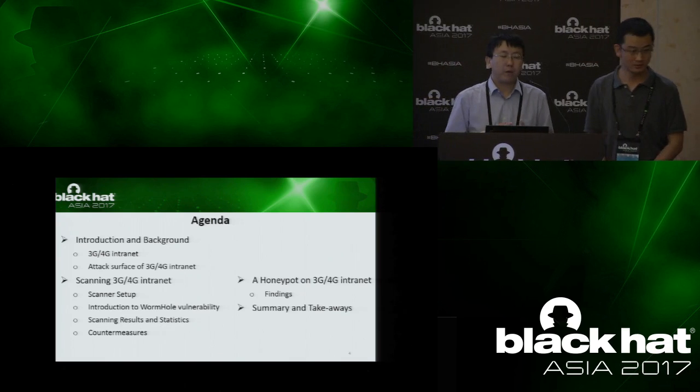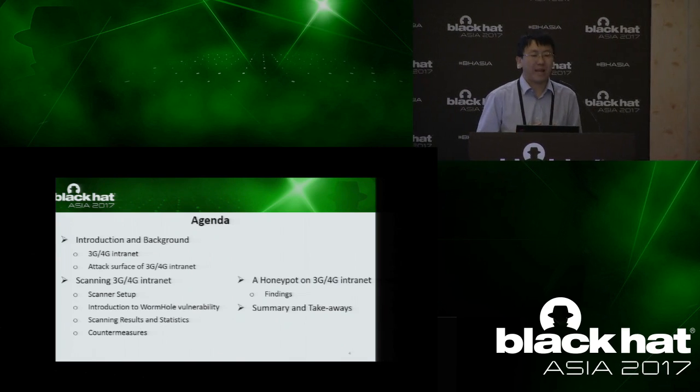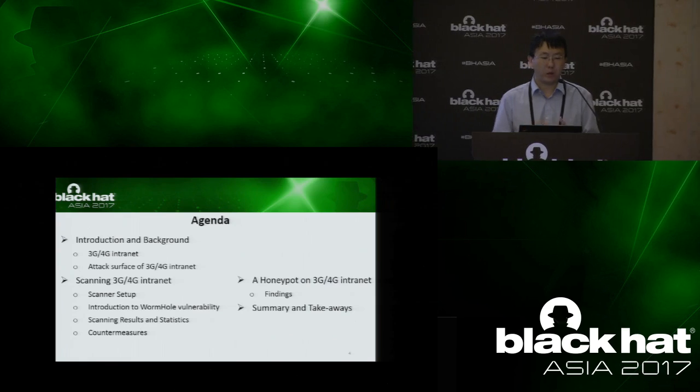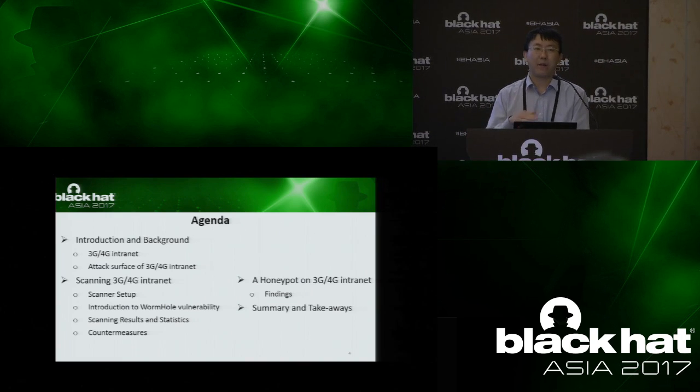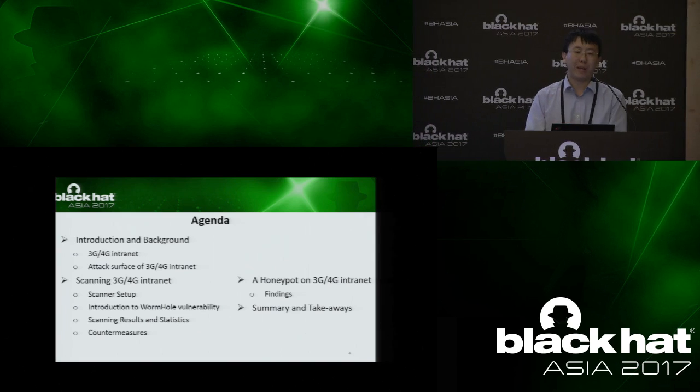Okay, so let's come back to our topic. Today we are going to give you around 4 sections. The first one is about introduction and background. Here I will introduce the 3G and 4G intranet and also several attack surfaces targeting it. And then I will introduce our network scanning work against the 3G, 4G intranet, including how we set up the scanners and also how we apply these scanners onto the wormhole vulnerabilities.